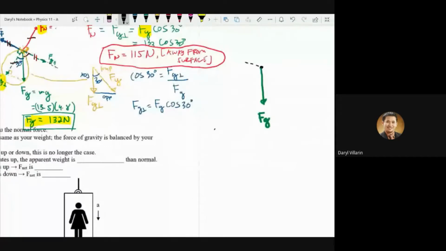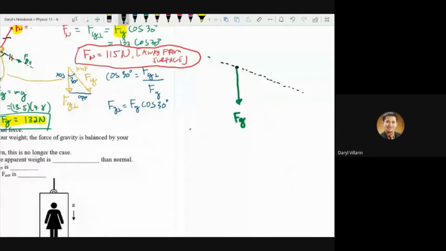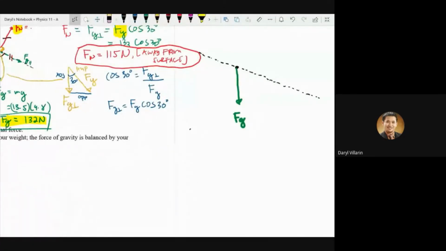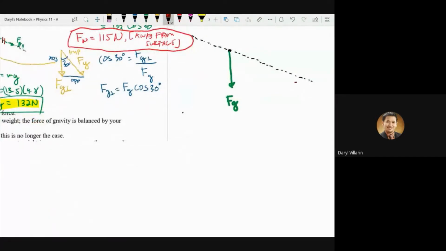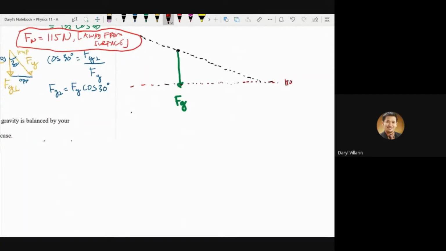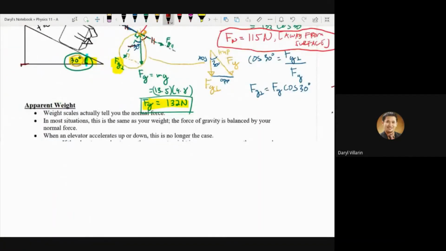You're going to draw your surface, where the object lies. If you're going to measure that particular angle with the horizontal line, I'm just going to draw a horizontal line, which represents the bottom part of your incline.